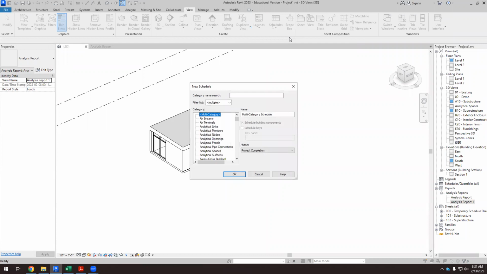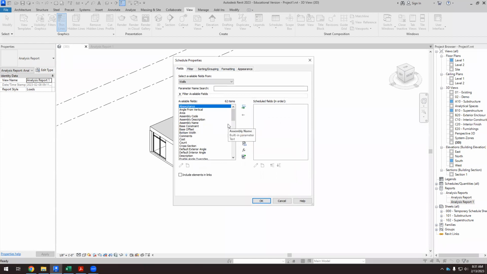So in quantities, what do we want? Here we have a lot of things. So let's say that we want walls. Okay, so we have the wall schedule. And what do we want? We want area.